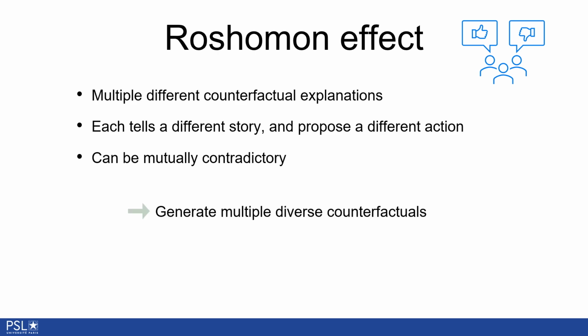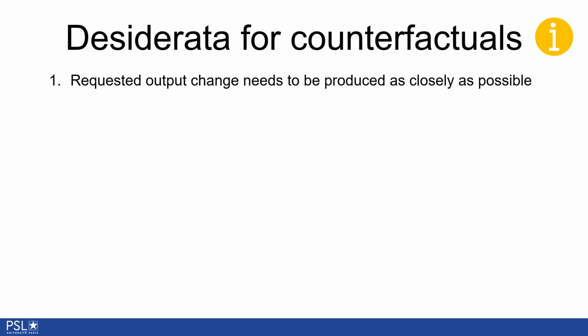So within explainable machine learning, generating multiple diverse counterfactuals is one of the goals. More generally, researchers in explainable machine learning have identified a set of desired properties that counterfactuals should have. The first property is that the output change requested by the user should be produced as closely as possible.